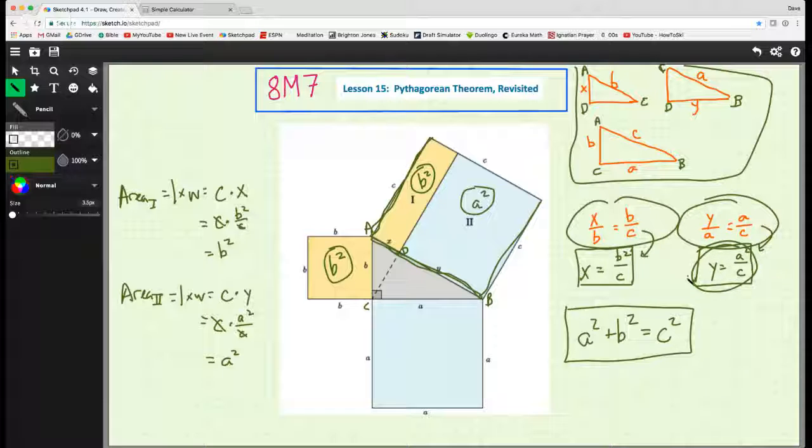Then reworking the proportions, and then just simply using our knowledge of geometry to say that two rectangles laid side by side must be the same area as the whole rectangle, which in this case happens to be a square.